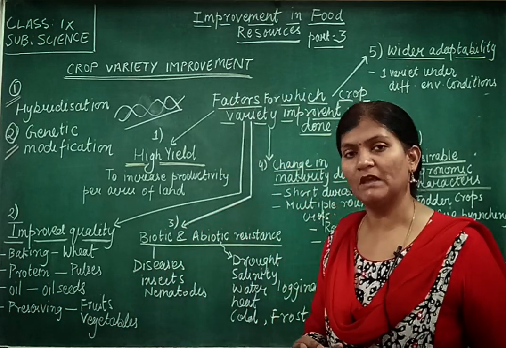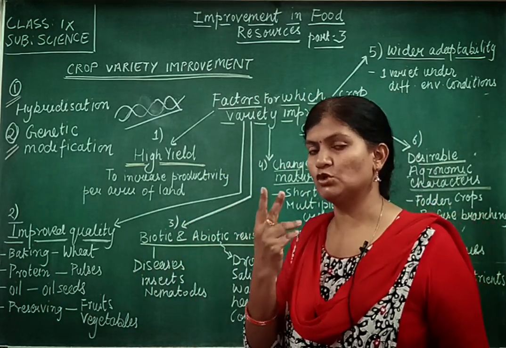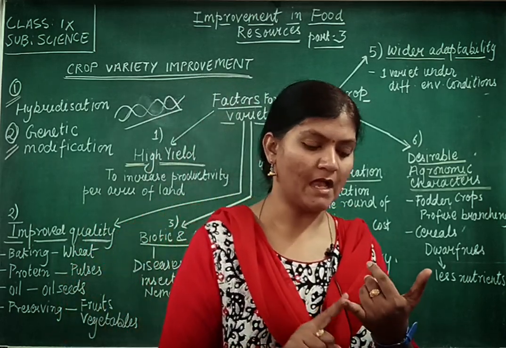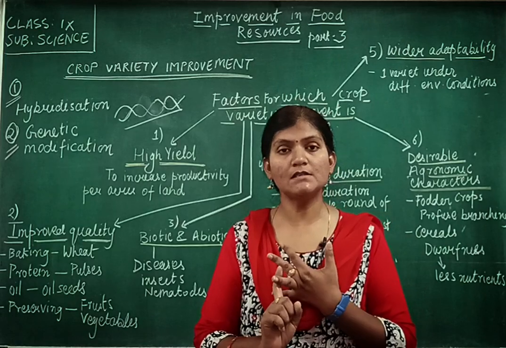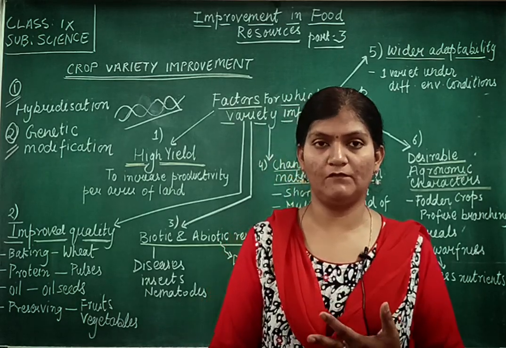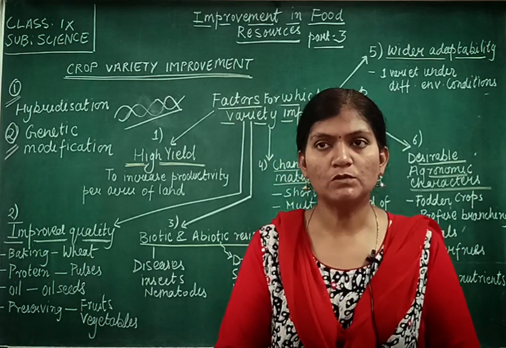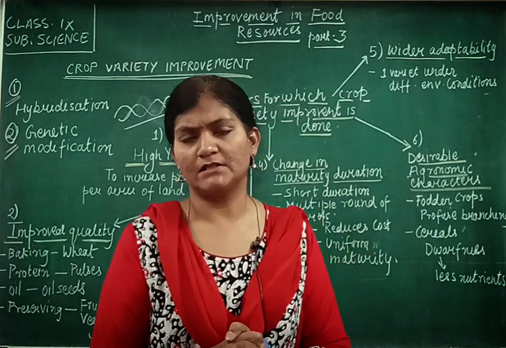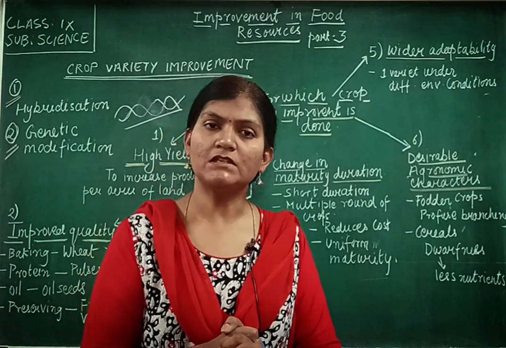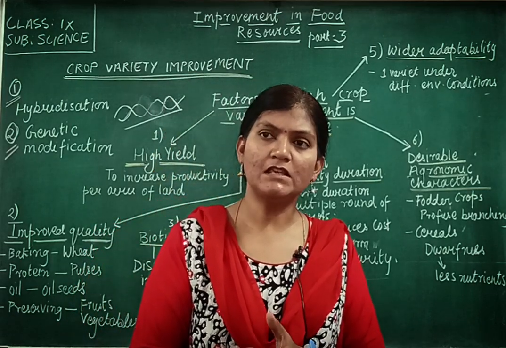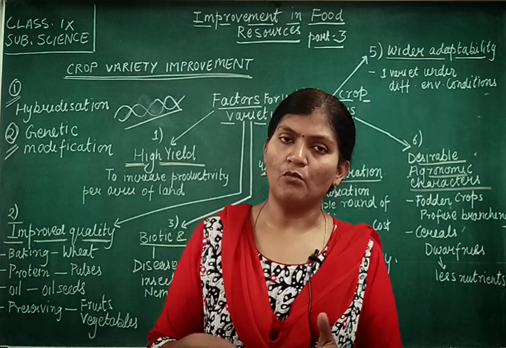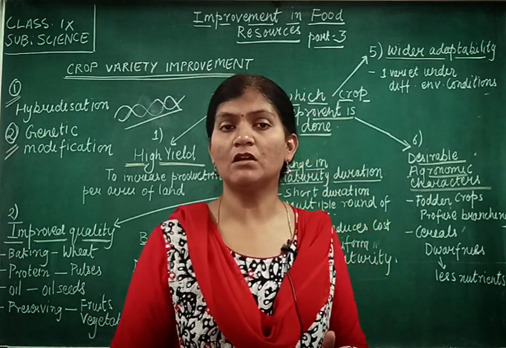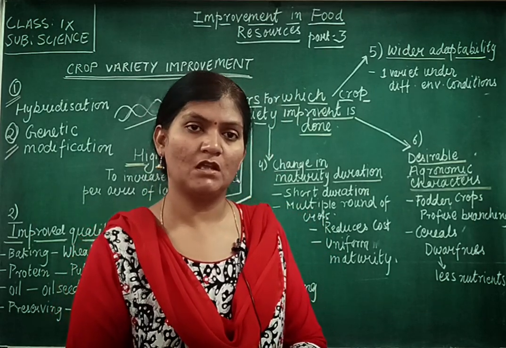So students, the two methods by which crop variety improvement can be done are hybridization and genetic modification. Now students, a simple question to you: what are the factors for which we want to do crop variety improvement?